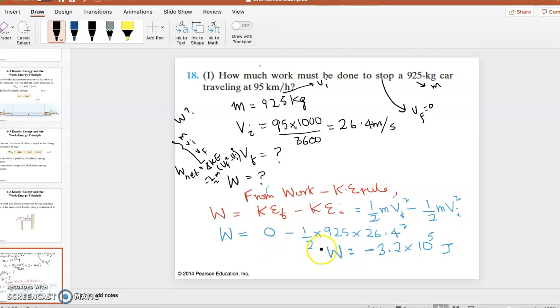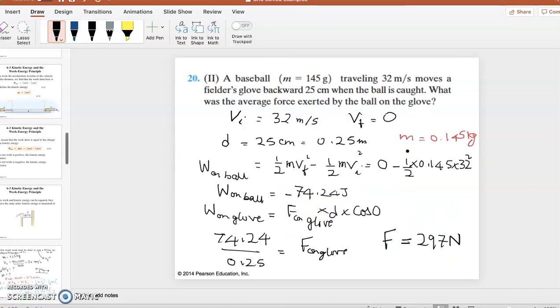Why is the work negative? We want to stop a car, so we are going against the motion. If the car is moving in this direction, the force which should be applied should be against it. So the angle between them would be 180. That is normal. When you want to stop the car, you want force against the direction of motion. Right, guys? So it makes sense, the negative sign.